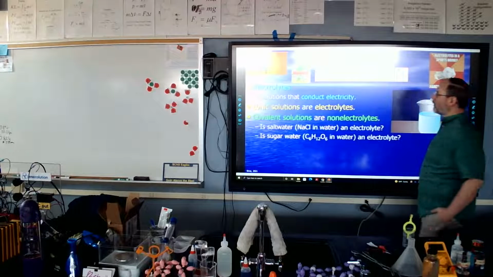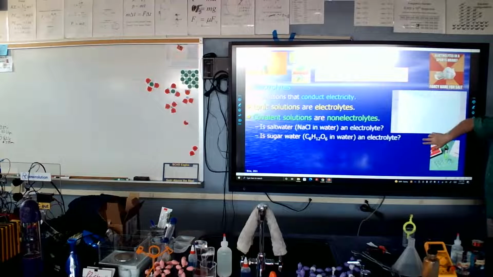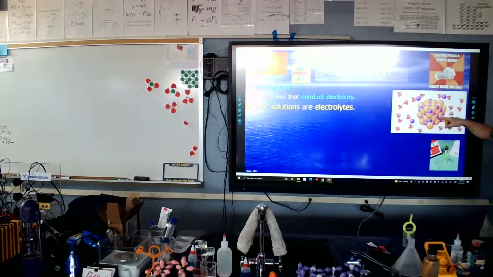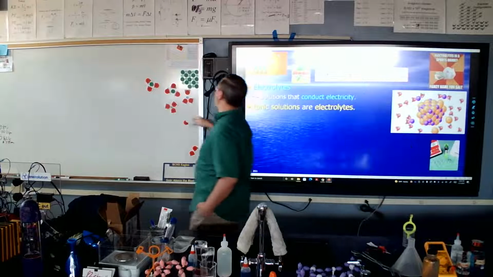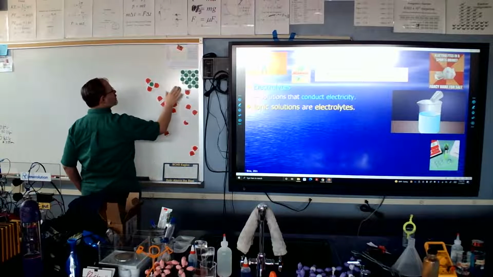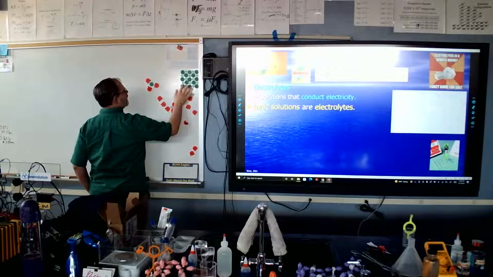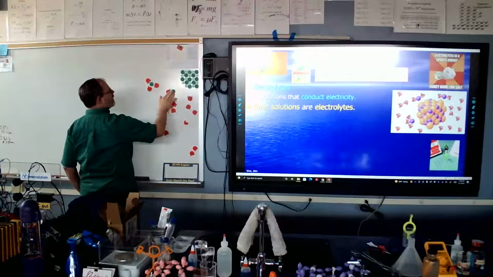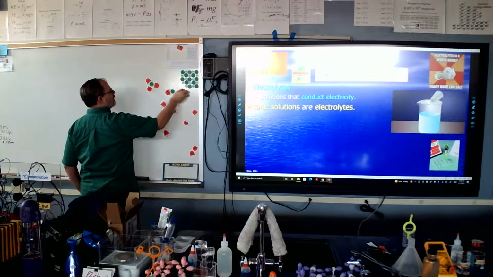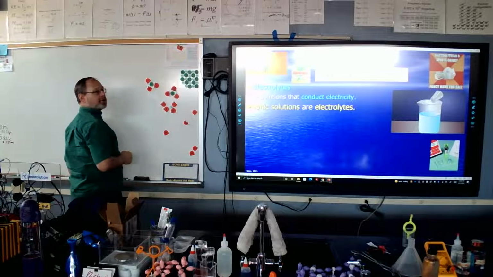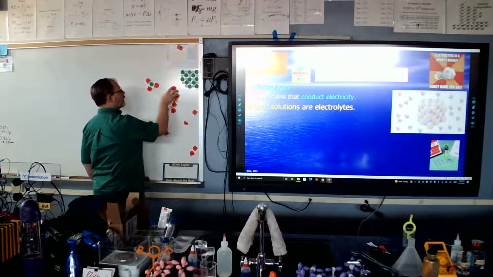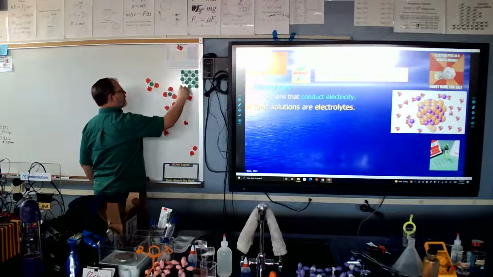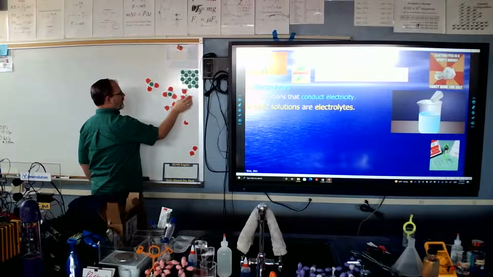So when things dissolve, let me come back to this. Back. When things dissolve, like salt here, remember, we learned this in intermolecular forces. When you have a bunch of sodium chloride, they're in a lattice, and then the water molecules come and grab onto the ions. The partial positive part of the water molecule is attracted to the negative chlorine ion, and the partial negative of the water molecule is attracted to the positive sodium ion.